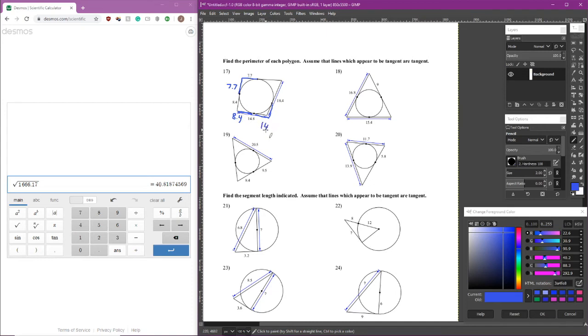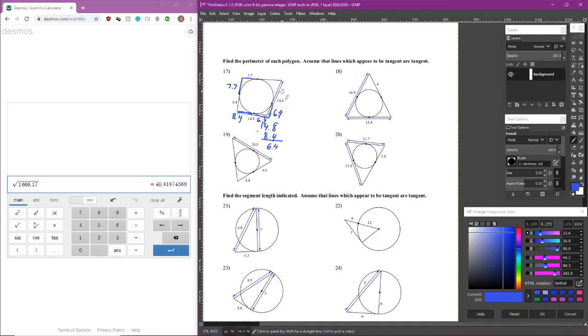So 14.8, take away 8.4. Is 6.4. So this little piece over here, I'm going to write in its measure is 6.4. The other side of its angle right here is also the same because they're both tangents. So we'll write in that that is 6.4.